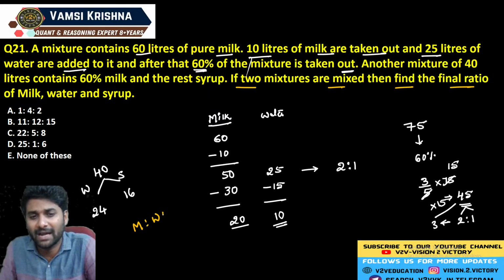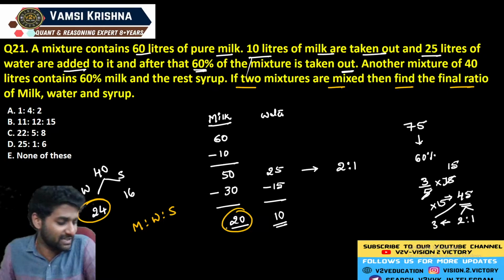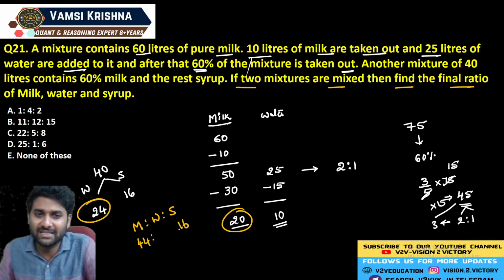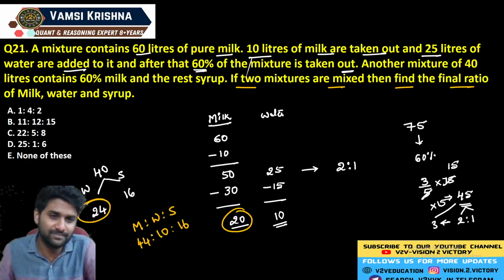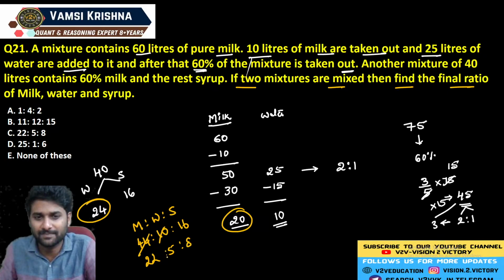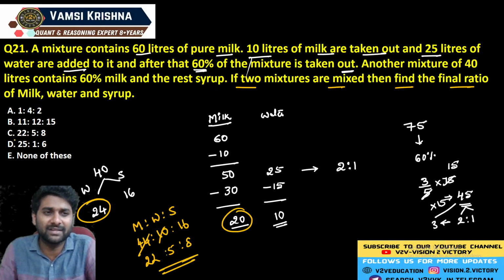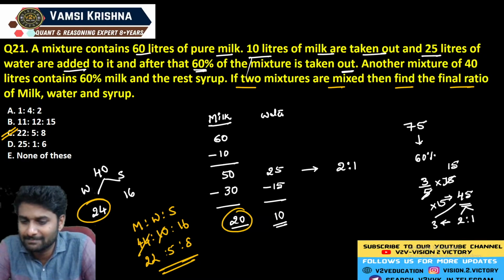We have 24 liters and here 20 liters, so the total is 44 liters of milk, 16 liters of syrup and 10 liters of water. If you cancel, after mixing together the respective ratio of milk, water and syrup is 22, 5 and 8, guys.